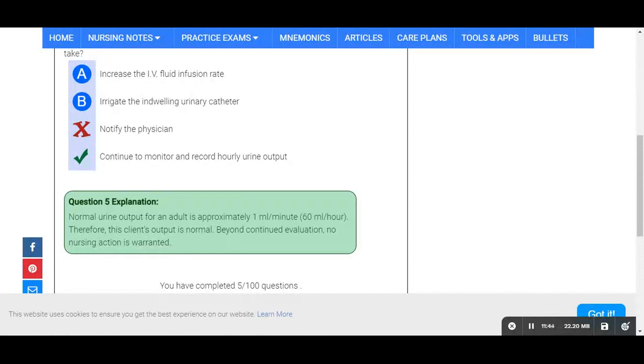So we have to really find it. It should be greater than or equal to 0.5 ml per kilogram per hour. But we cannot really tell.